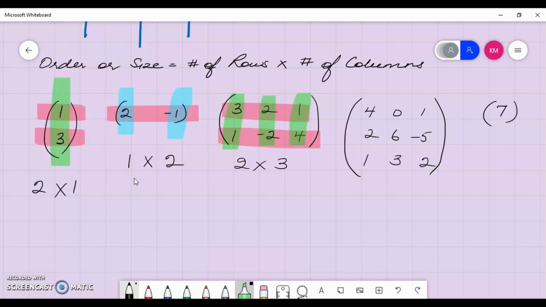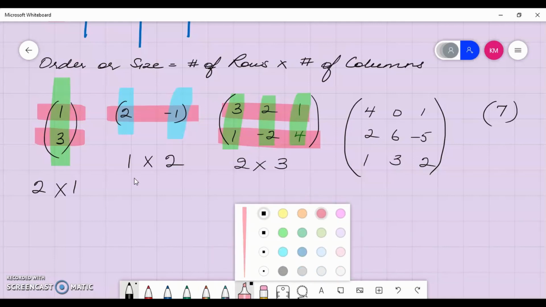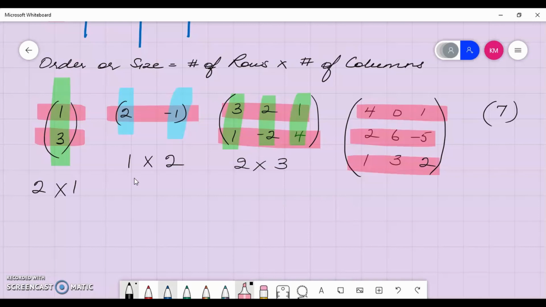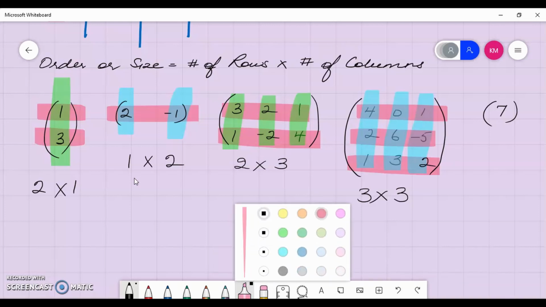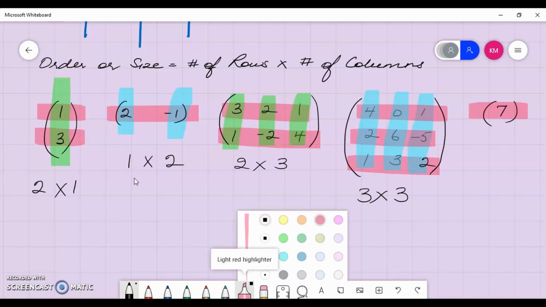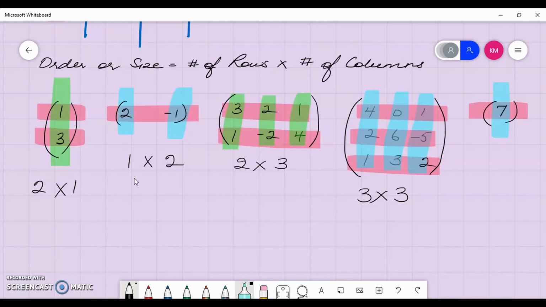Next, we have 3 rows by 3 columns. So it's a 3 by 3 matrix. Next, we simply have only 1 row as well as 1 column. So this matrix is a 1 by 1 matrix.